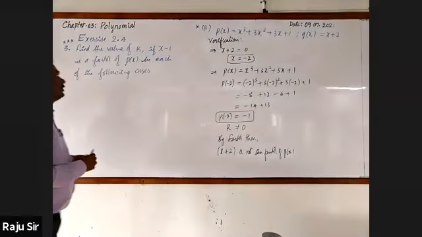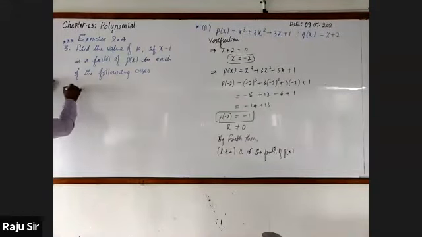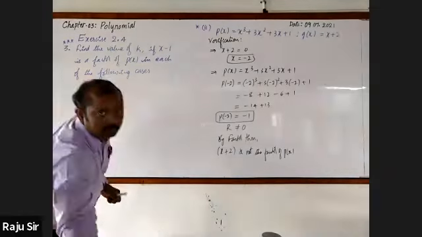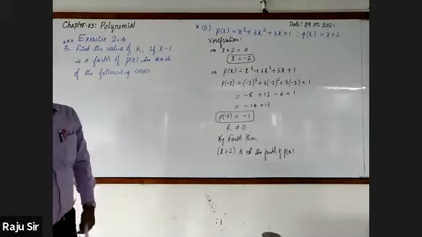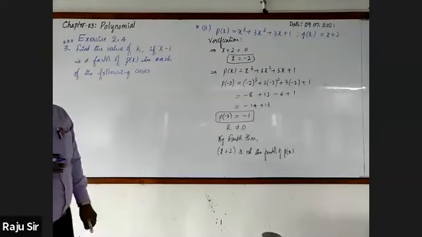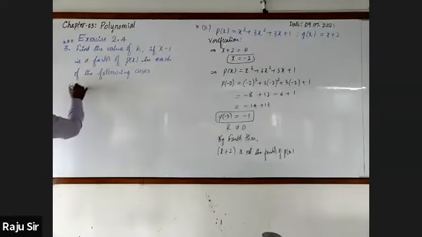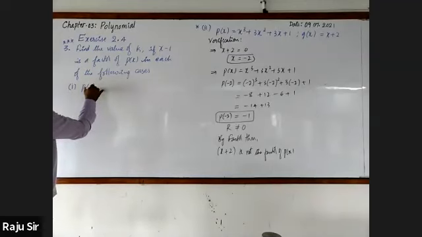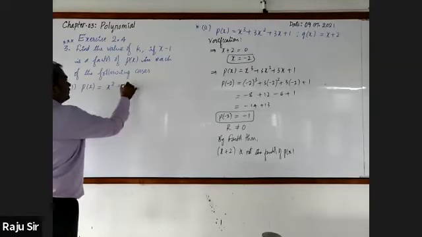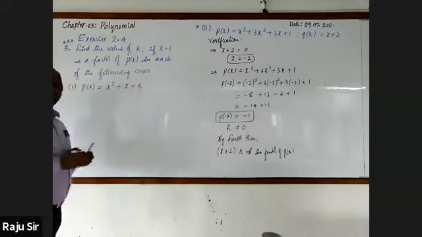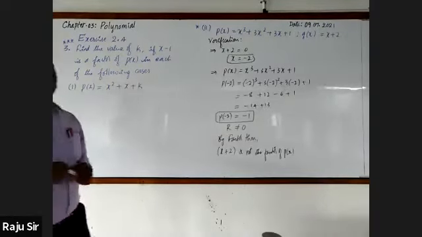First one is p of x equal to x square plus x plus k. Just listen.